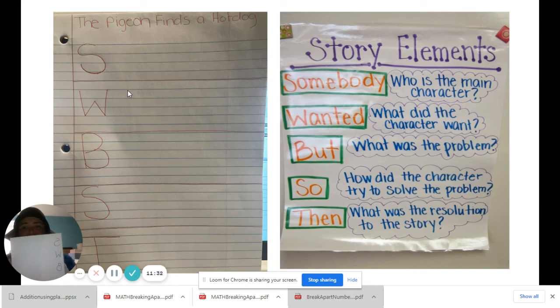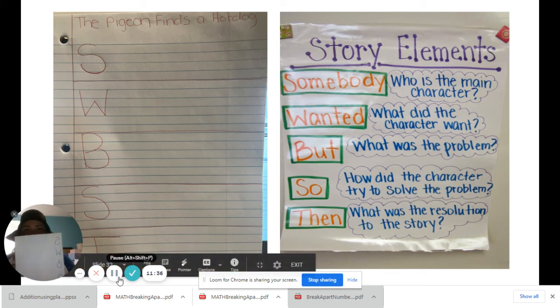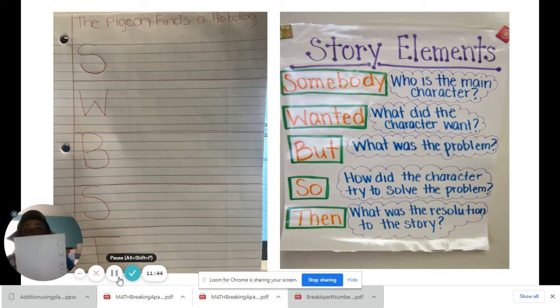Was it that the pigeon did not want to share? Was it that the duckling never had a hot dog and wanted some of the pigeon's? What do you think the problem was? Go ahead and write it right next to the B.